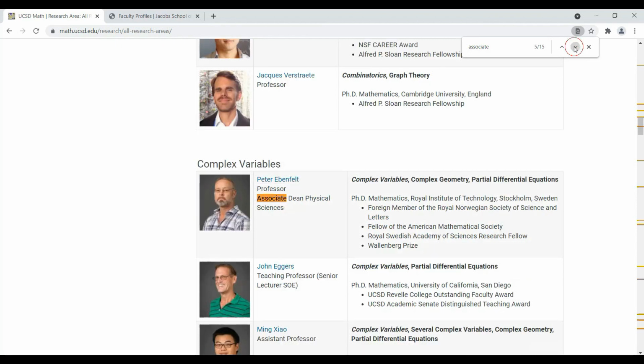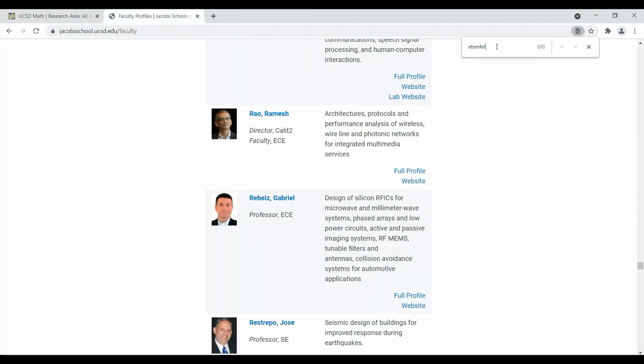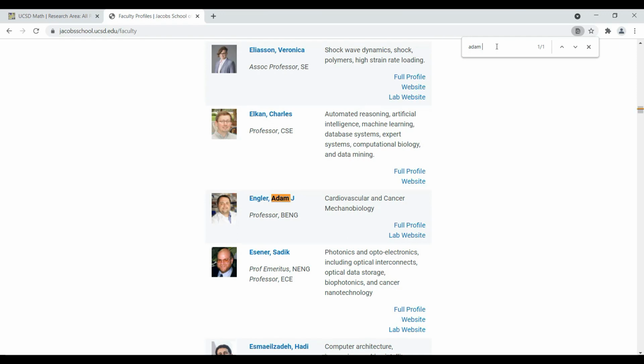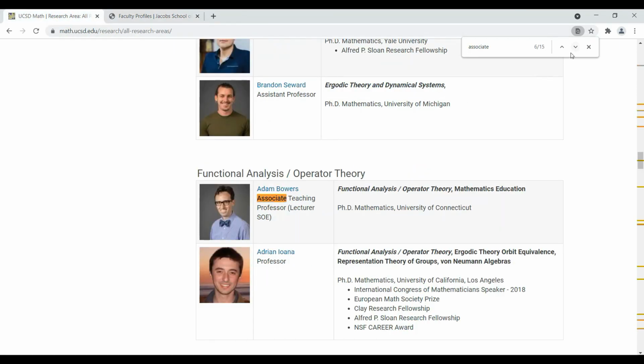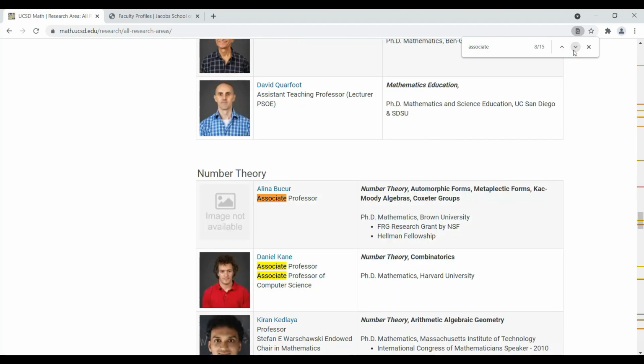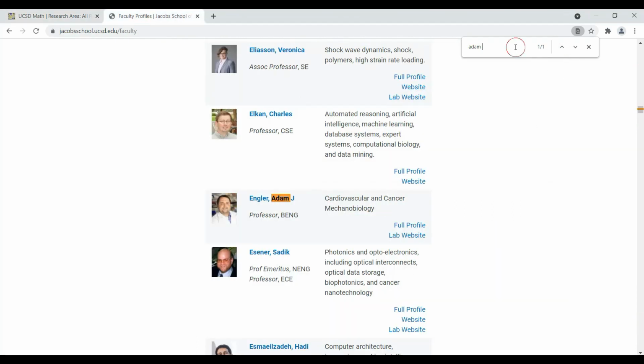And the next one, Adam Bowers. Adams is there, but not Bowers. And like this, we have more and more professors, so we are going to check them all out. Justin Roberts, we are about to check him.